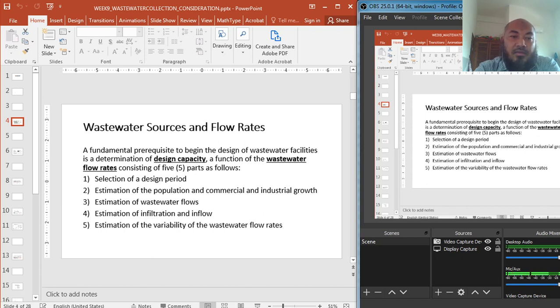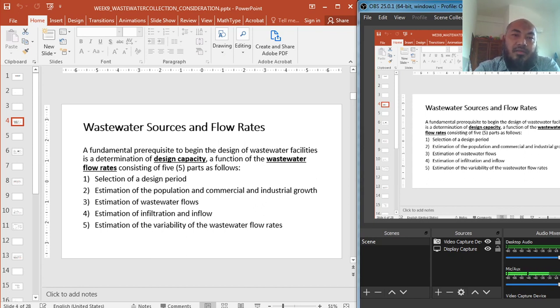which consists of five parts. For example, number one is selection of design period, which is how long you would like your plant to last, for example 20 years or 50 years.